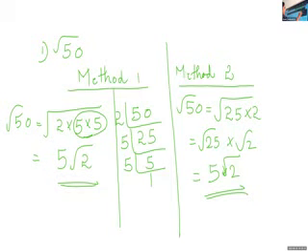Okay, our next question is, I'll clear the board. And the next question, second question, is root 300. You should do it in two methods, method 1 and method 2.